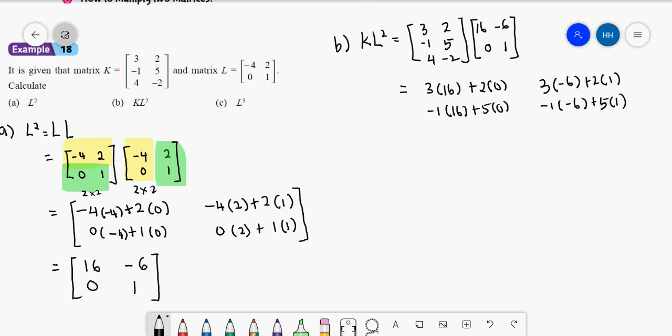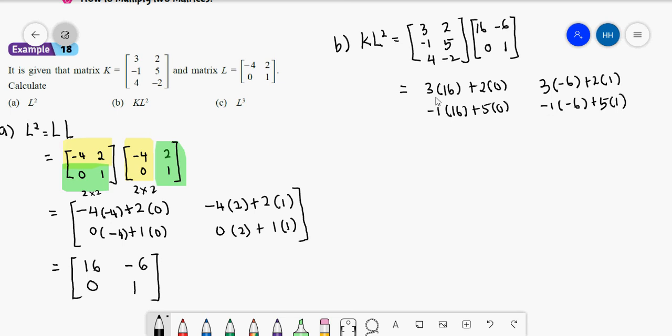You can see that the numbers inside the bracket are similar to the numbers in the first row: 16, 16, 0, 0, negative 6, negative 6, 1, 1.